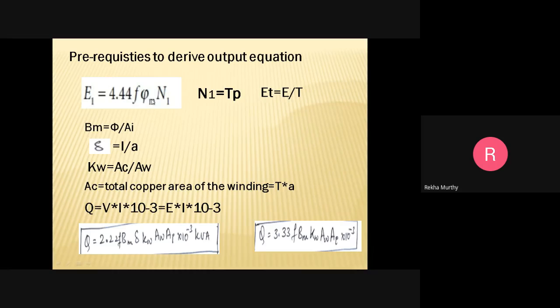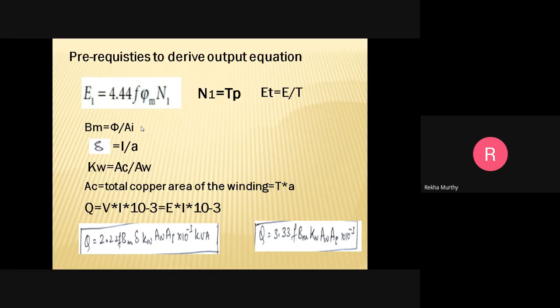The second thing is, what is flux? How do you get this formula for psi m? If you know the flux density, what is capital B? That is the maximum flux density, BM, with M as a small suffix.